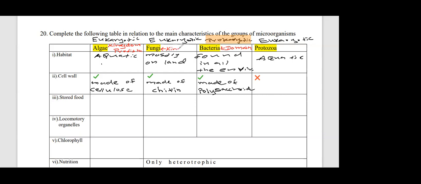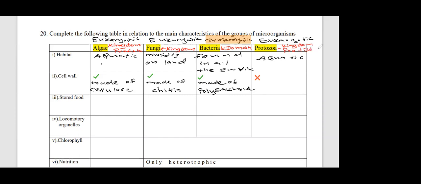If you take protozoa, they belong to the same kingdom as algae. Protozoa under kingdom Protista. So you can see here both protozoa and algae are under kingdom Protista.